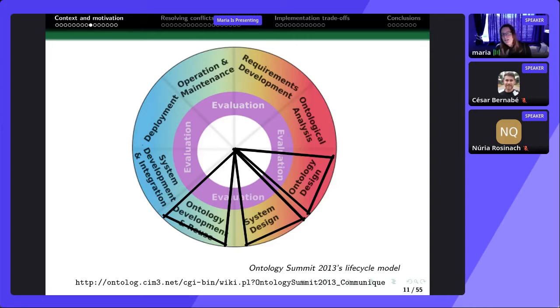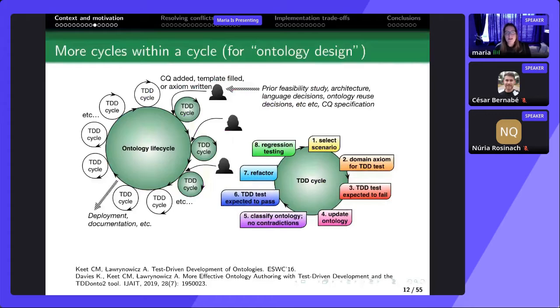So if you think that there are the cycles, and even though this is a large cycle, each of those little parts of a pie, you can actually think of that as in itself also a little life cycle, just for each little component. For instance, if you say, well, look, we're doing our ontology development, you could do a method within that for how to get the axioms in the ontology.